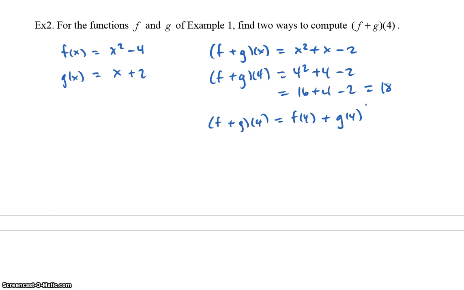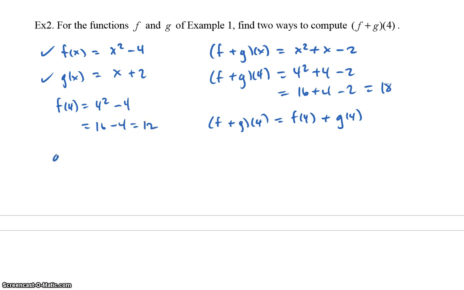Now we can compute f of 4 and g of 4 individually using the individual functions f of x and g of x as shown on the left there. Let me just compute those values below. F of 4 would be 4 squared minus 4, x squared minus 4, which is 16 minus 4, or 12.